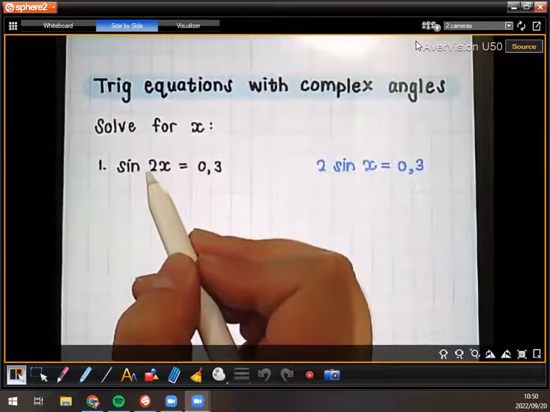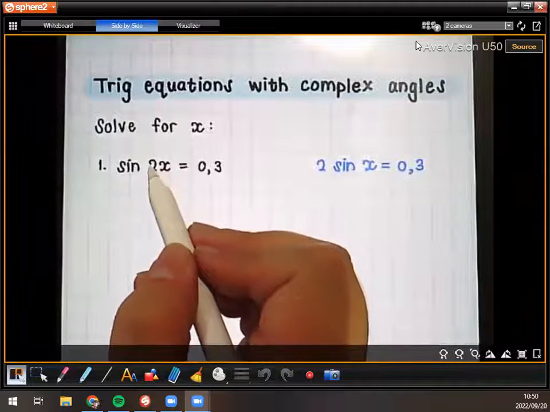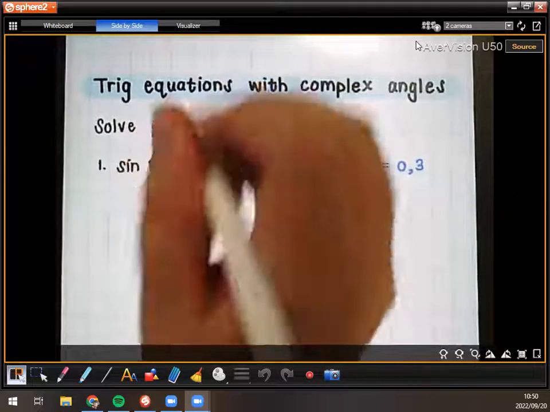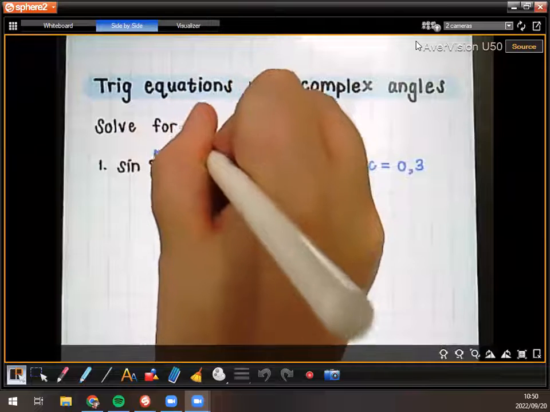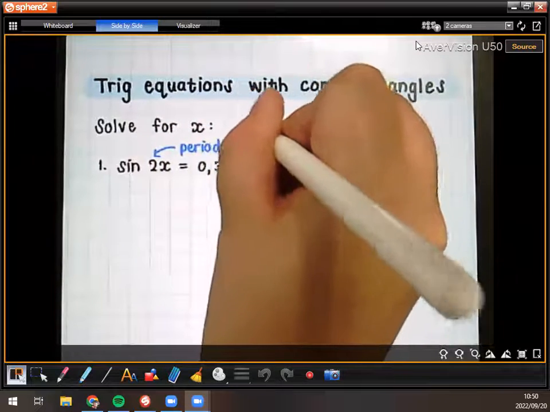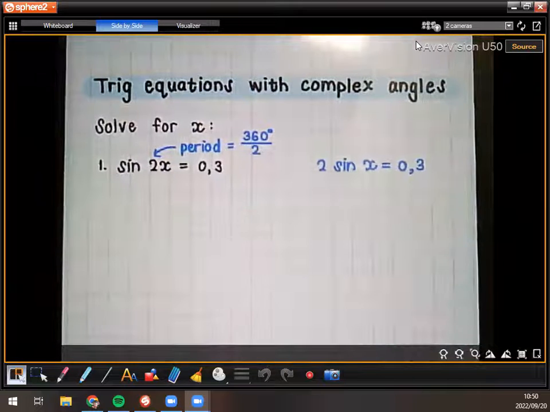It's the k value here. It changes the period of the graph. So this graph would have a period of 360 degrees, which is the normal period, divided by that k value, divided by 2.